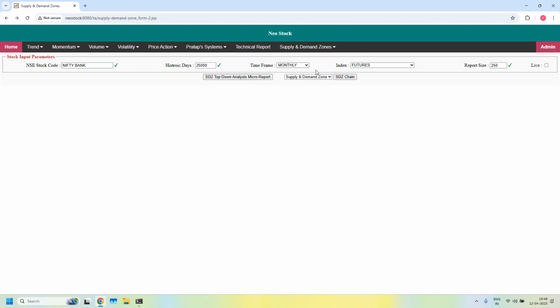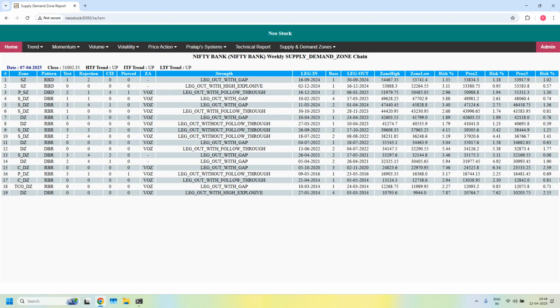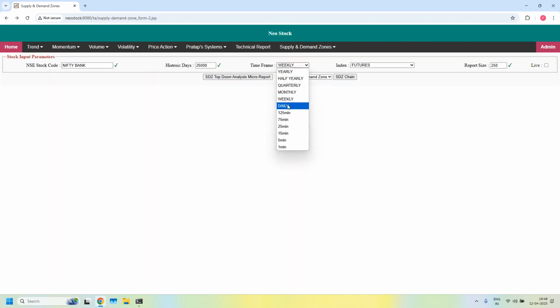Next, generating the weekly supply demand zone chain for BANKNIFTY. Next, generating the daily supply demand zone chain for BANKNIFTY.